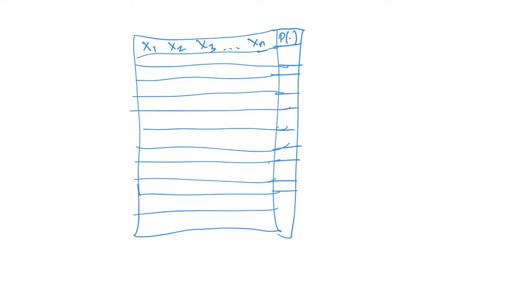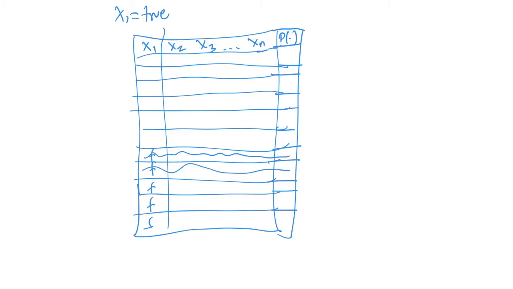So what we're going to do is we first set the evidence. So for instance, let's say that x1 should be true. So this is our evidence. So we come here and see all the rows where x1 is false, and we take them out of the distribution. So we cancel those values. We eliminate those rows.